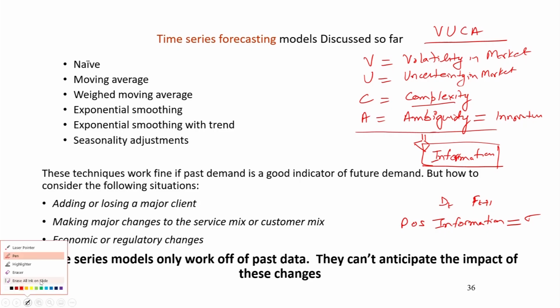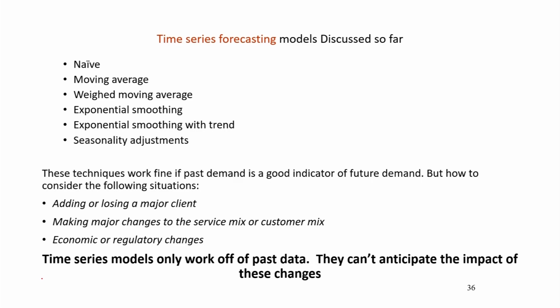The second important function which information technology can help you with: consider the time interval between the decision and the event. You are taking the decision here and the event is happening here. If that time is more, the uncertainty is also high.